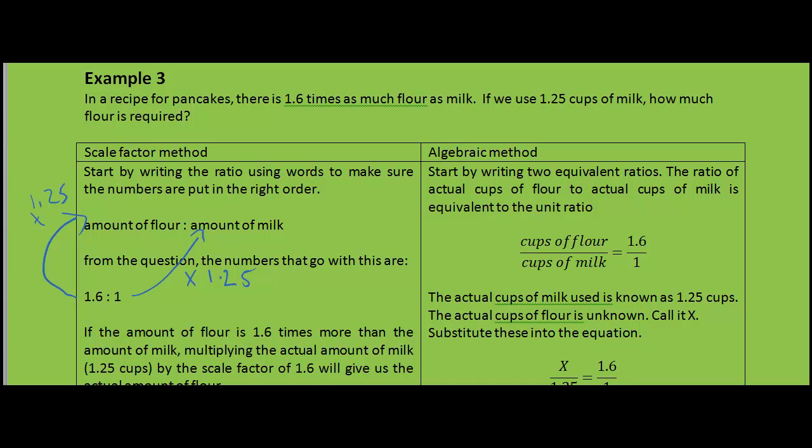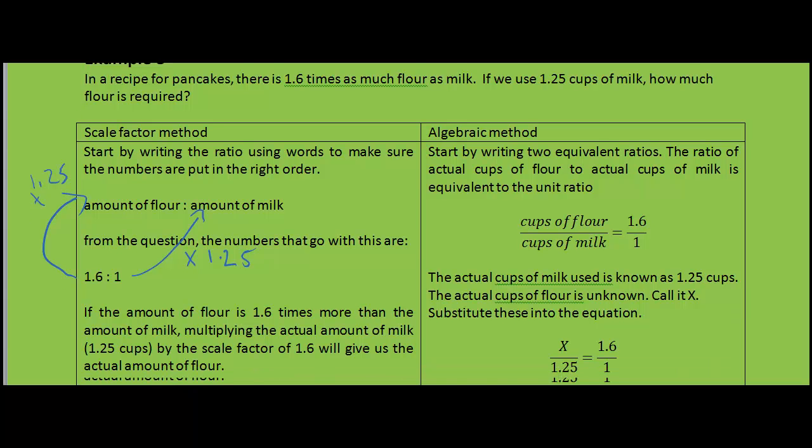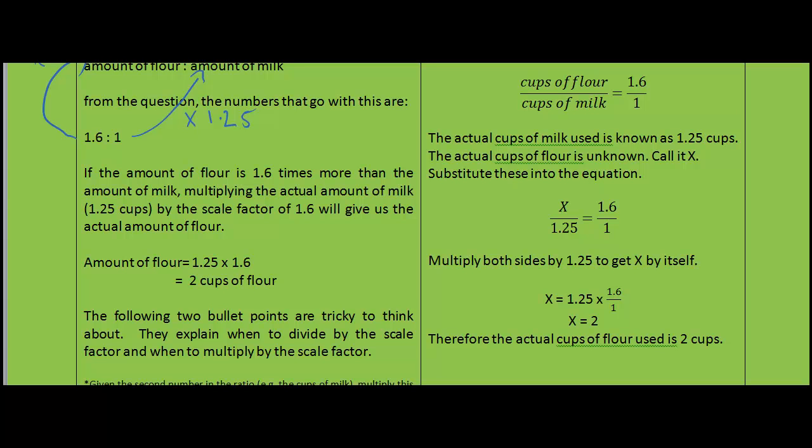We can work out the same answer by using the algebraic method. Again, we start by writing 2 equivalent ratios. The ratio of actual cups of flour used to actual cups of milk used will be equivalent or equal to the unit ratio of 1.6:1. We know that the actual cups of milk used is 1.25 cups.